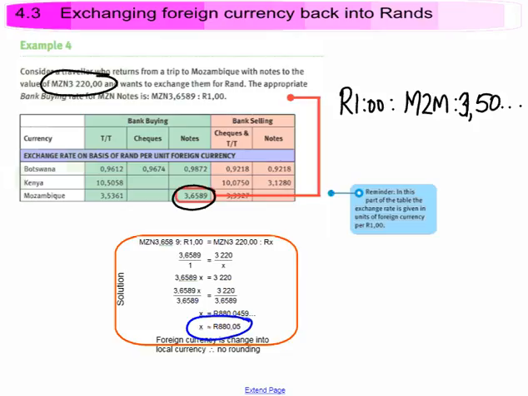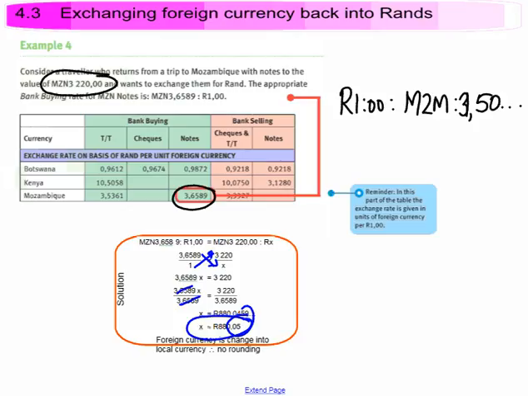We cross multiplied like that, so you got 3,6589x equals 3320. Divide by the coefficient of x, so those cancel out, and then you land up with 880 Rand and 5 cents. Now remember what I said to you. They are not going to give you the 5 cents. But that's as far as we got last year.